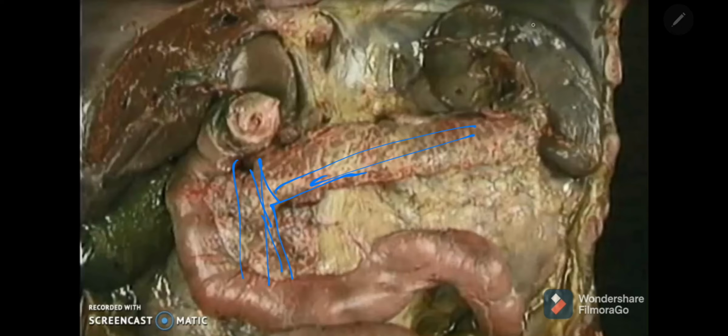And as you go to the right side, here the body is related to the abdominal aorta and superior mesenteric vessel. You can notice there.